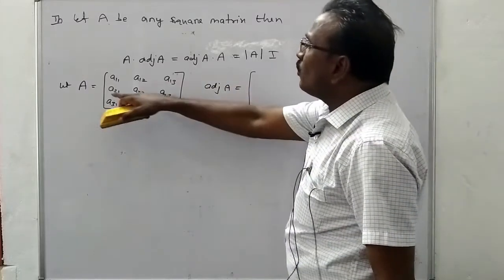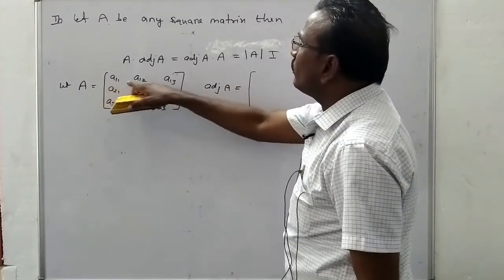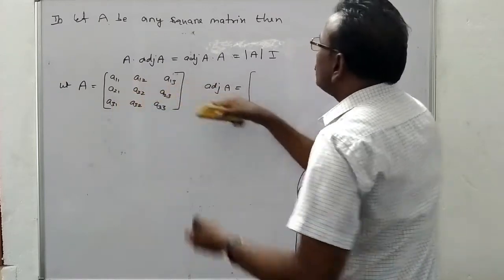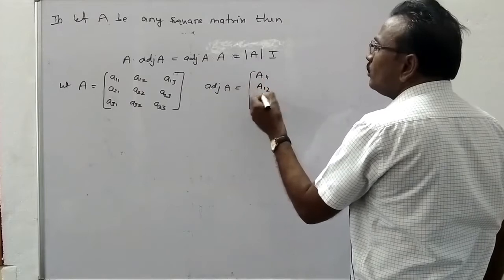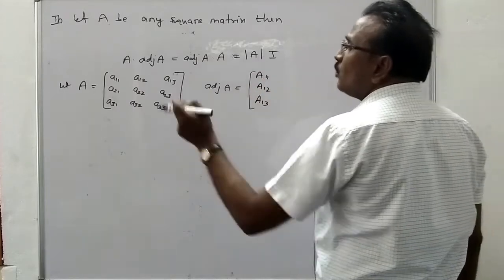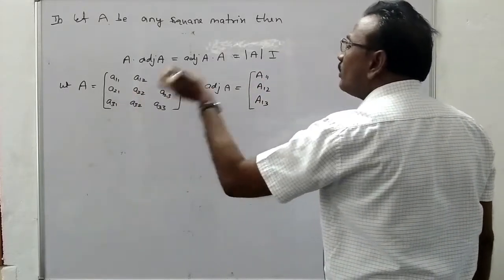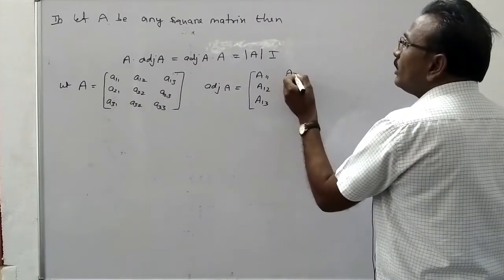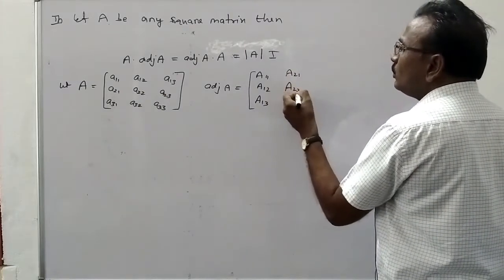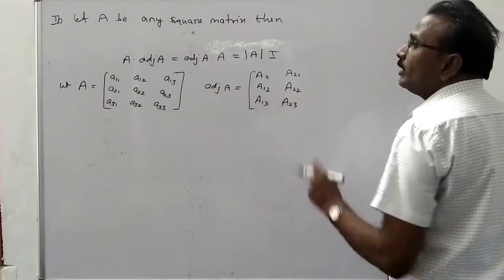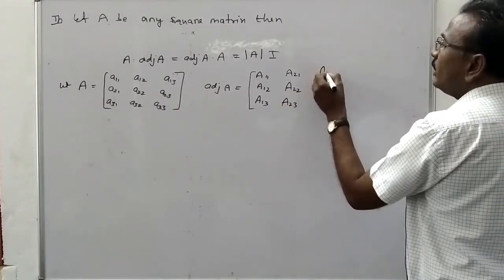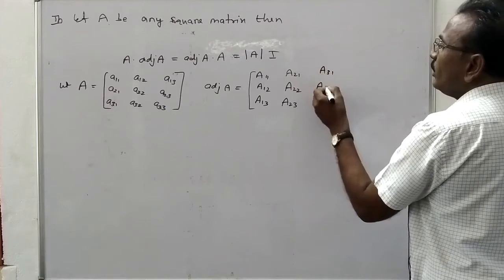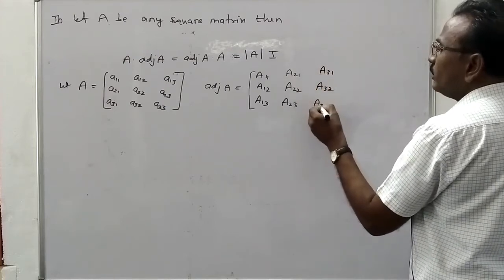So what are the cofactors of the first row elements? Capital A11, capital A12, capital A13. So write them in the first column. Cofactors of second row elements, write in the second column: capital A21, A22, A23. Cofactors of third row elements, write in the third column: A31, A32, A33.